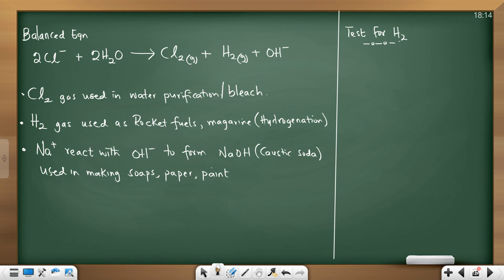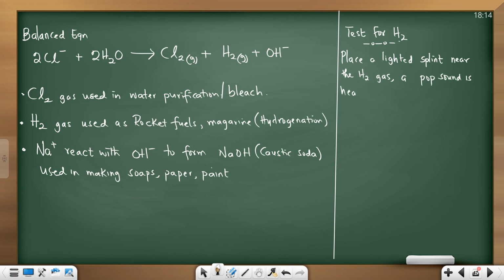So, test for hydrogen. If you place a lighted splint near the hydrogen gas, I'm glad you remember. A pop sound is heard.